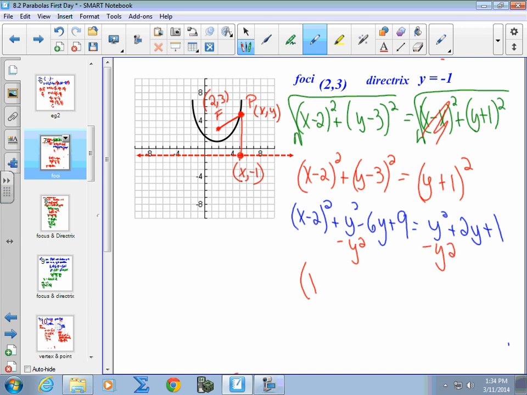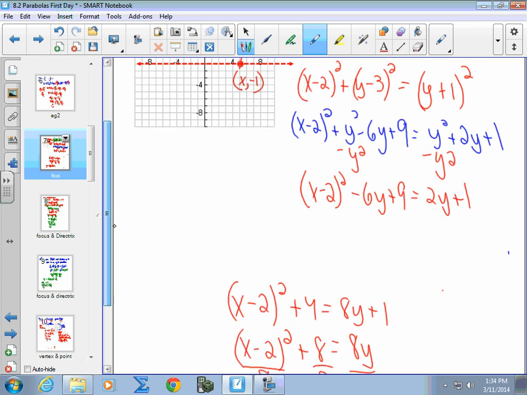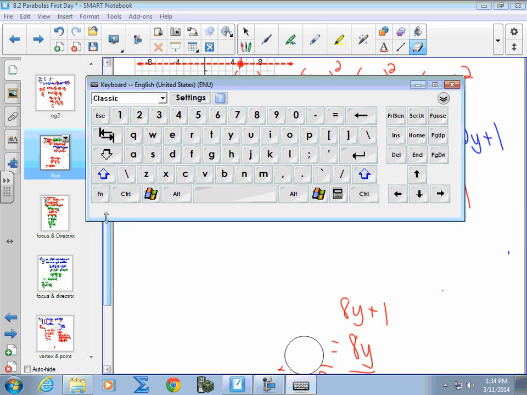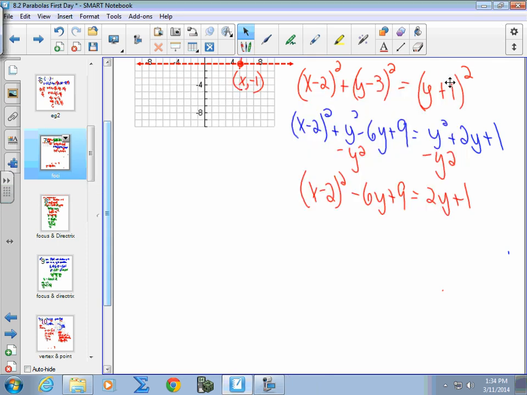So now we have x minus 2 squared minus 6y plus 9 is equal to 2y plus 1. Then I would add 6y to both sides of the equation. And subtract 1. So I get x minus 2 squared plus 8 is equal to 8y.